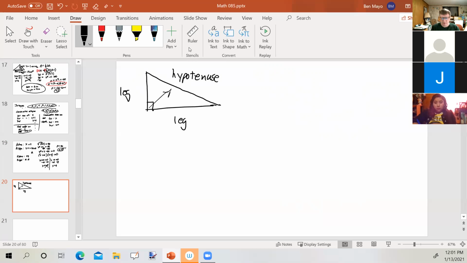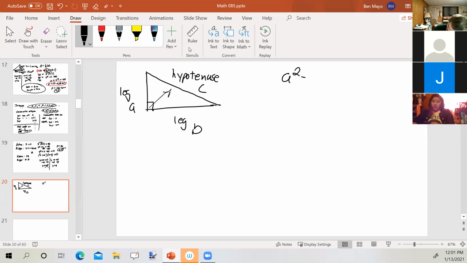As far as labeling them, the hypotenuse is always called C, and the other two legs are called A and B. Okay, it doesn't matter which leg you call A and which leg you call B, but the hypotenuse has to be C.